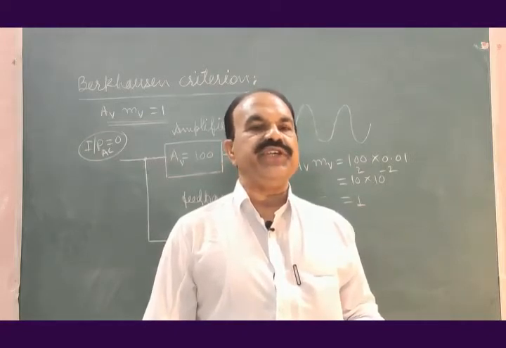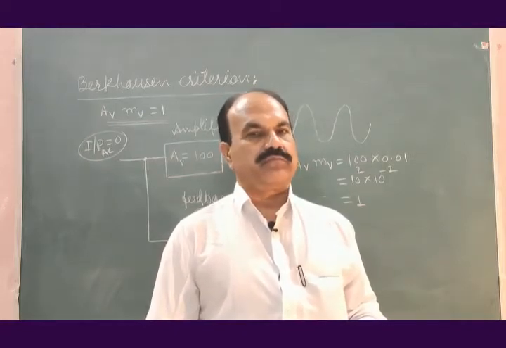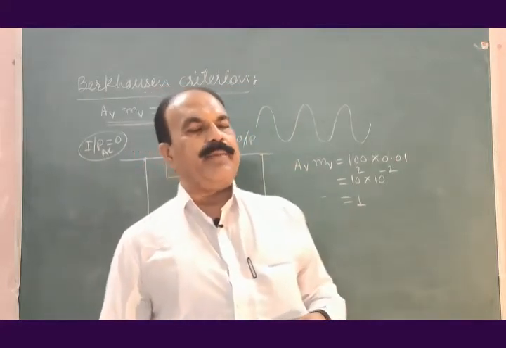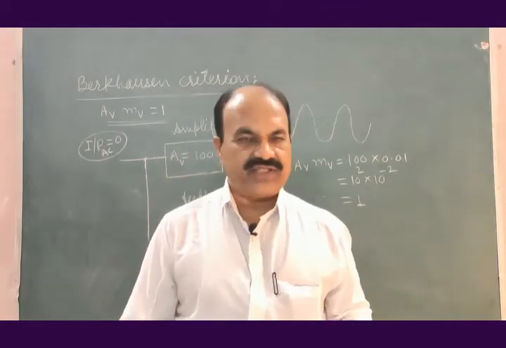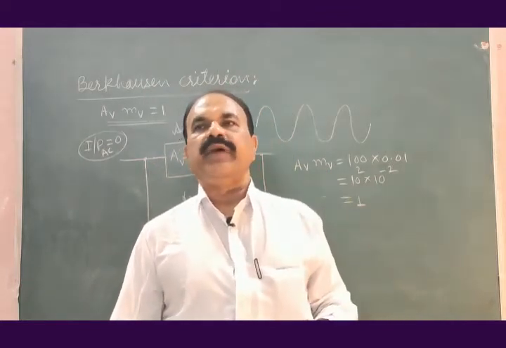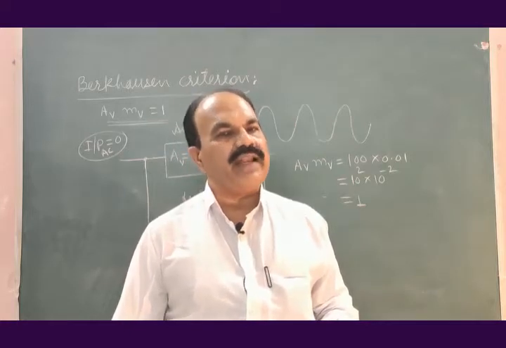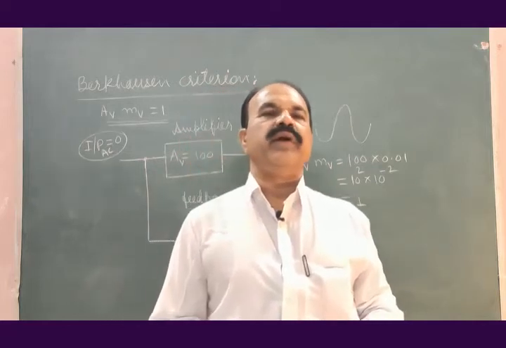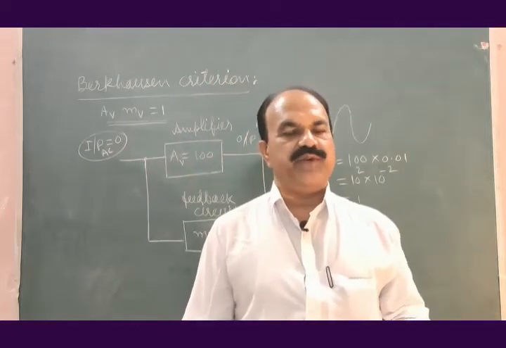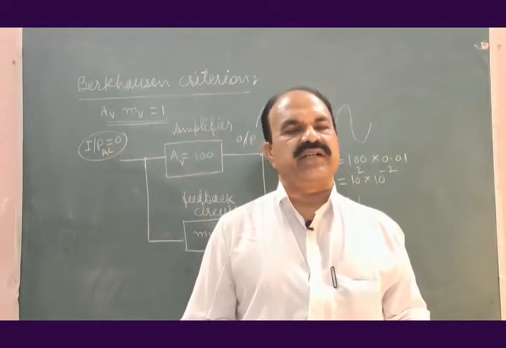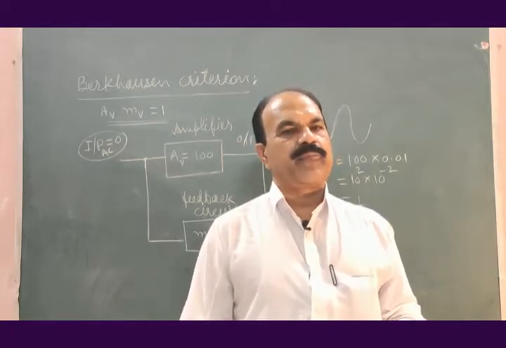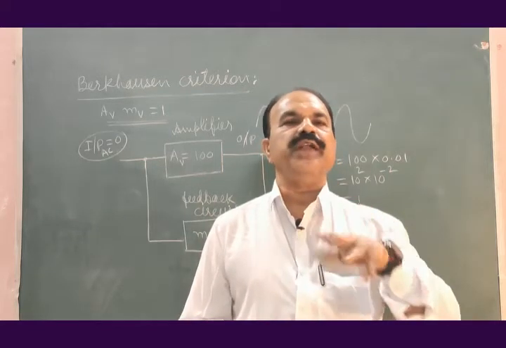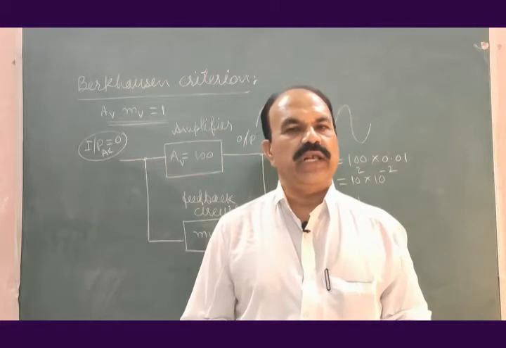K-map can be drawn for 2 variables, that is 2 inputs, for 3 variables, 3 inputs, and for 4 variables, 4 inputs. Even we can draw the K-map for 5 variables, 6 variables, etc. But for the syllabus, we are recommended to study the K-map up to 4 variables only.